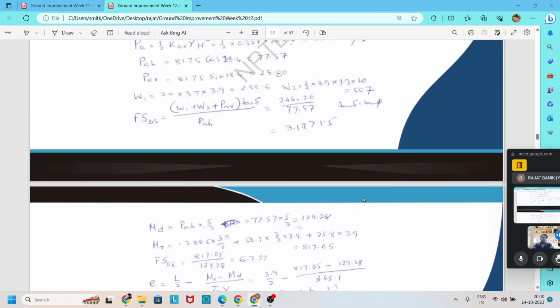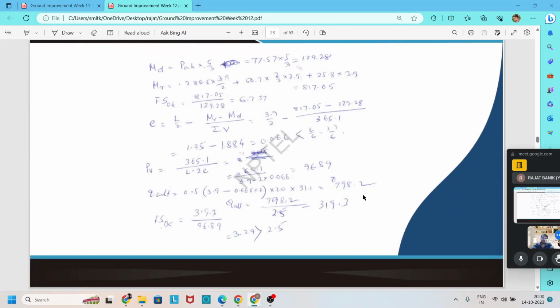For sliding it is more than 1.5, for overturning it is greater than 1.2, sorry, 2, and for bearing capacity failure it is greater than 2.5. Then we also find the eccentricity, and it should be less than L by 6, where L is the length of the base. It is also checked, and it is also safe.